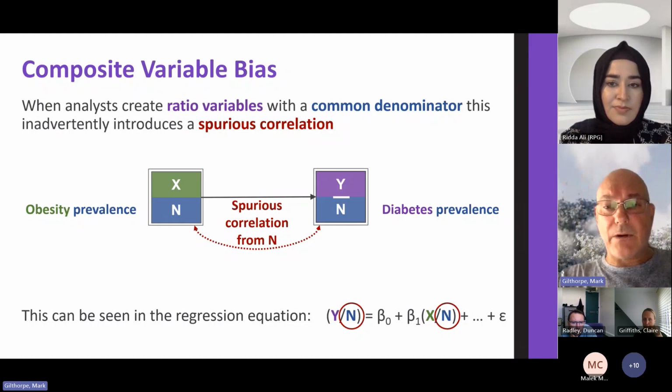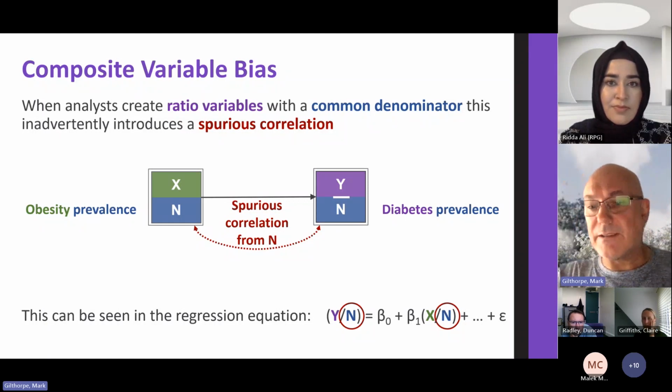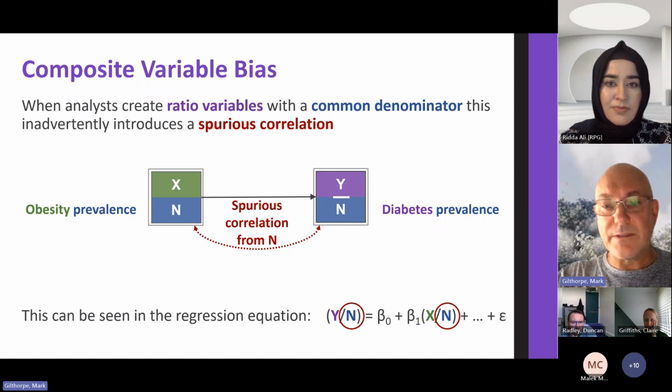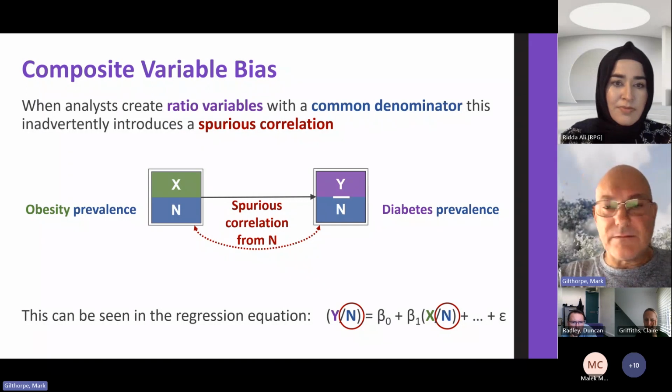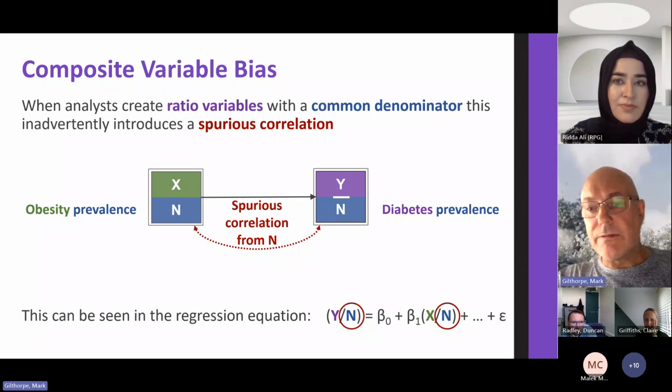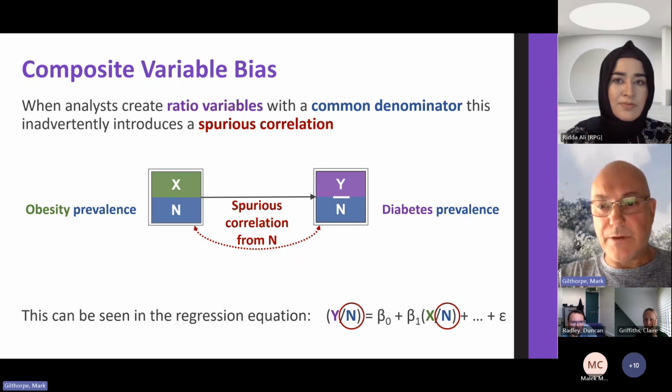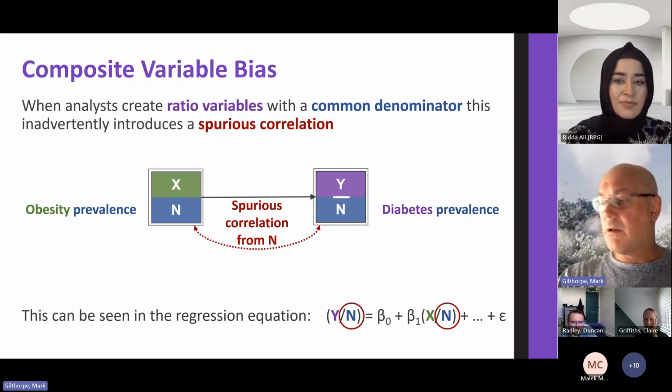So the outcome is divided by N, and the exposure is divided by N. So you see Ns on both sides of the equation. So in a regression equation, if you're regressing one phenomenon on itself, you're bound to create a spurious component in the coefficient here, beta 1, that is an artifact, not real.